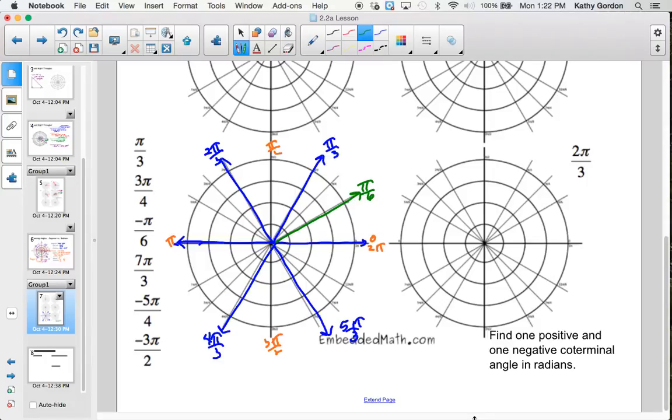Got it. Next. 4 pi over 6 reduces to 2 pi over 3. Got it. Next. 5 pi over 6. I don't have that one yet. I'm going to try to do better and draw that in.